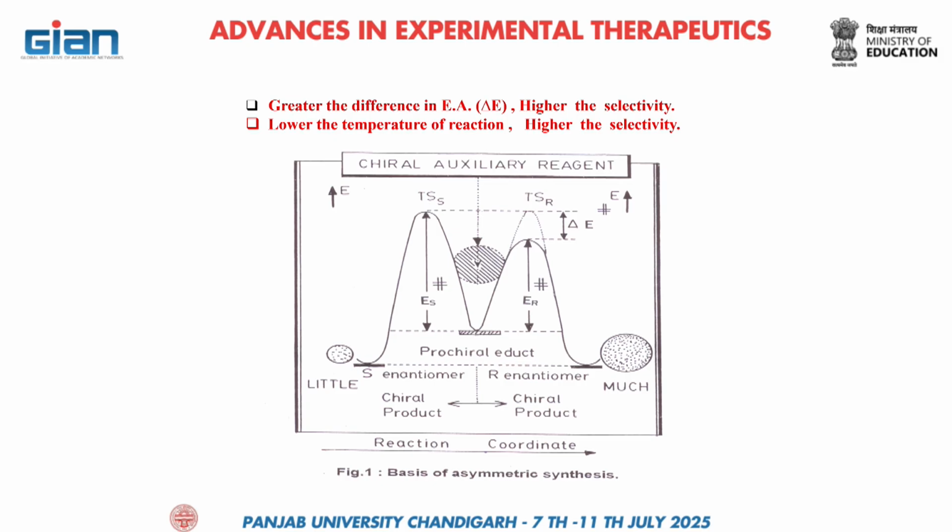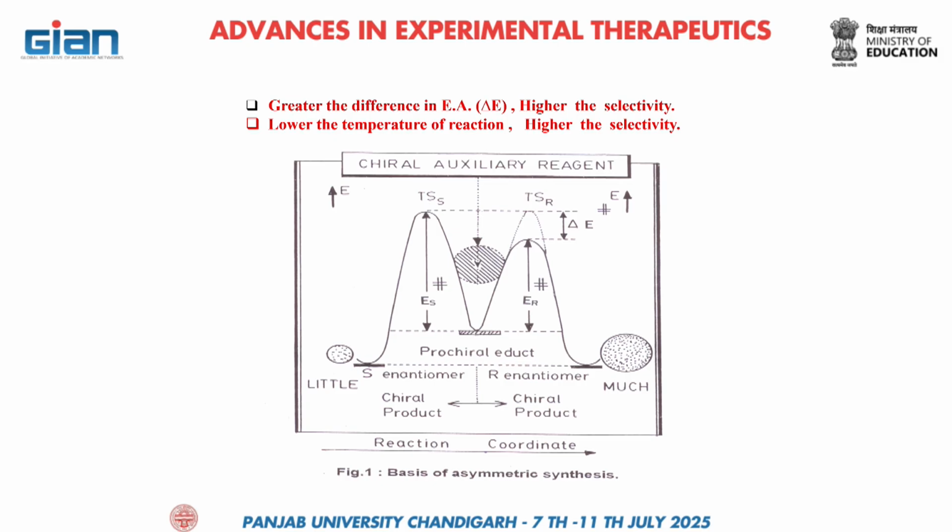Now if your industry or your system is providing only 3 kilojoule energy, will you be able to get A? Because for A, how much was needed? 5 kilojoule.